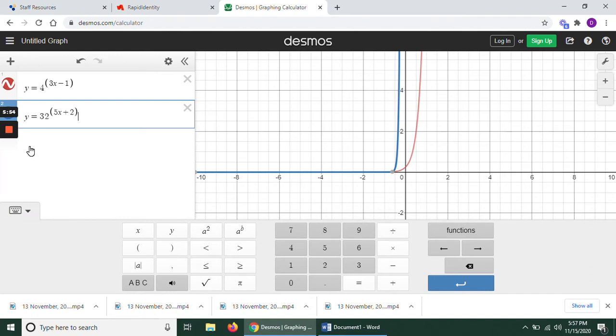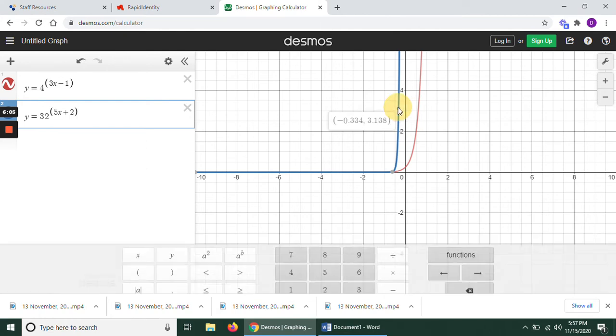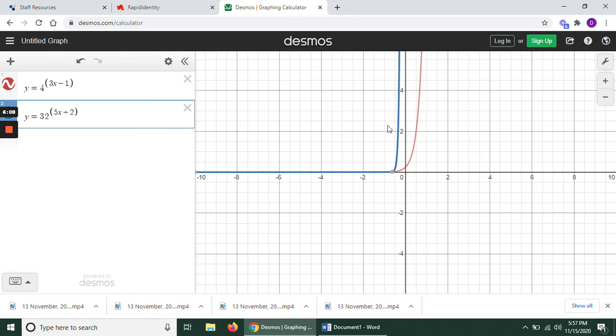Now, all you need to do to get the answer is click on the graph, and as you can see, we have a dot here which is in gray. When I click on this graph, I'm going to see a point here where the two graphs meet.